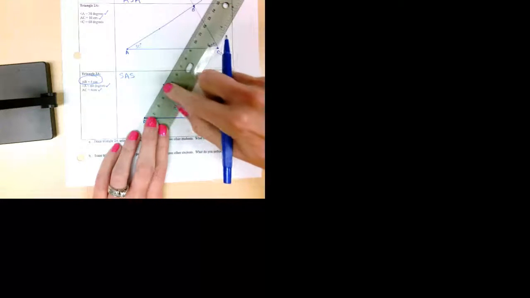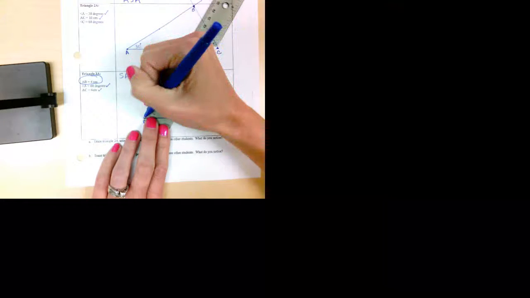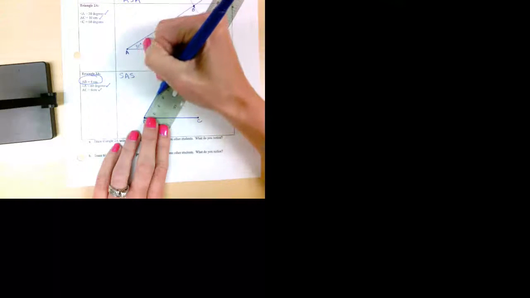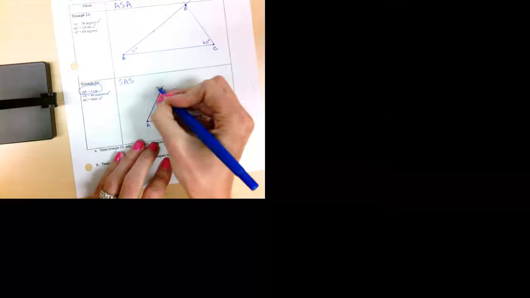So I'm going to line it up with my dot from my protractor so that I know the angle of my line is correct. But I just have to draw my line until I hit 4 centimeters. And once I hit my 4 centimeter mark, I know this point is my point B.